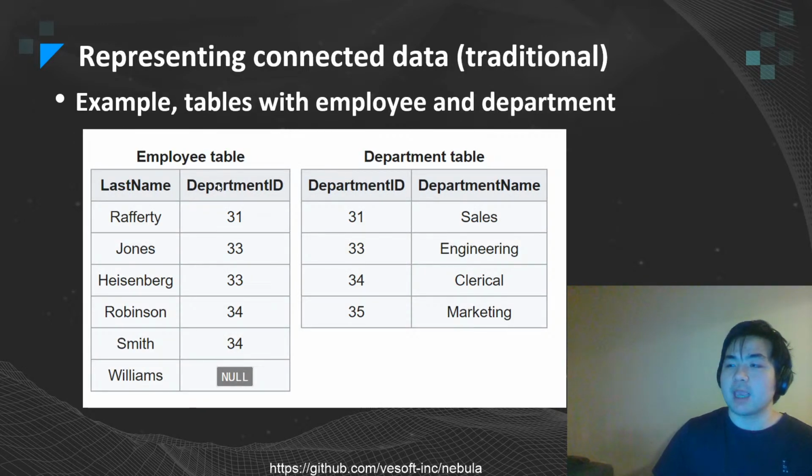Here we have two tables. One is the employee table and one is the department table. In the employee table, we define the employees' names and the department ID. And the department table has the department ID and the department name. However, if we want to connect both of them, we first need to get the pointer from one employee entry, that is Jones, and the department ID, and then use the ID to track the department name, which is located in the department table.